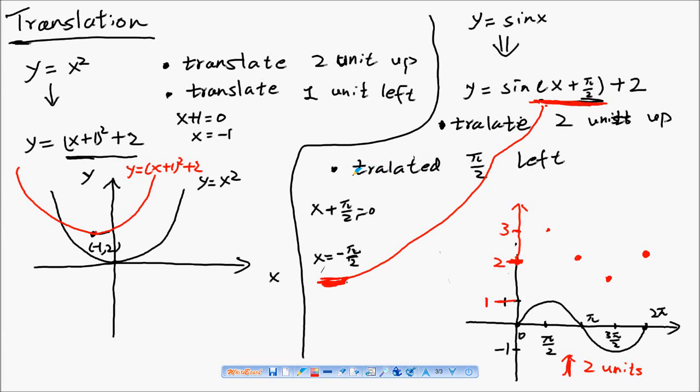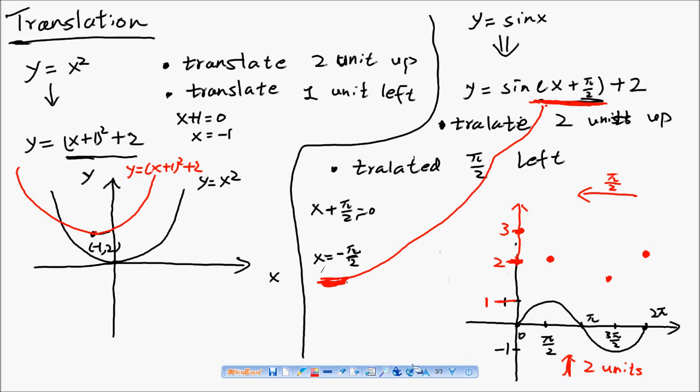Now we have to translate it. The horizontal translation is pi on 2 units left, so we move the whole graph to the left by pi on 2 units. This point here becomes this one, and this point moved to here.